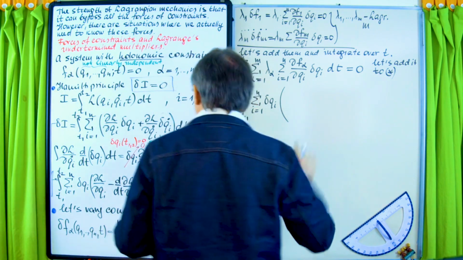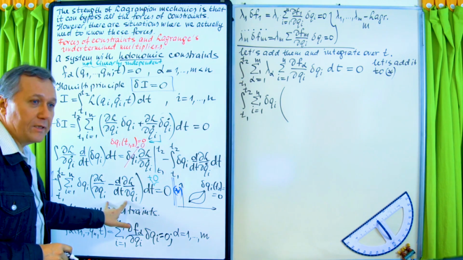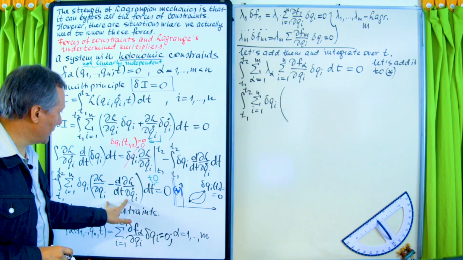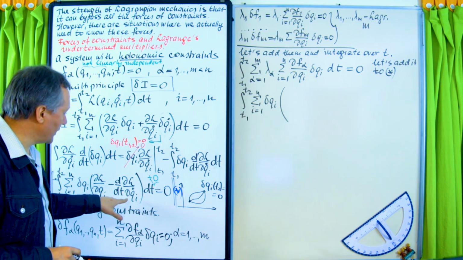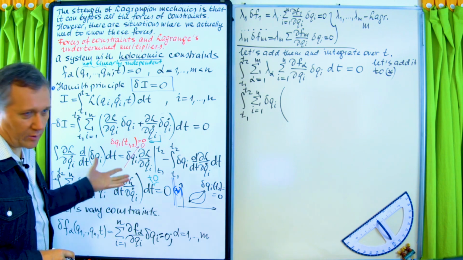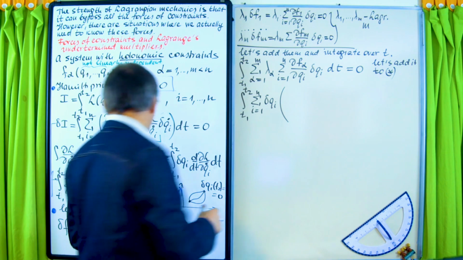Also, let me flip the order of these terms. It still equals 0, so I can multiply by -1, and this will be positive, this will be negative. It's not a big deal. So let me flip the order of these terms.